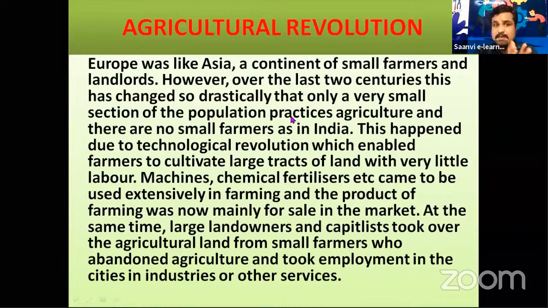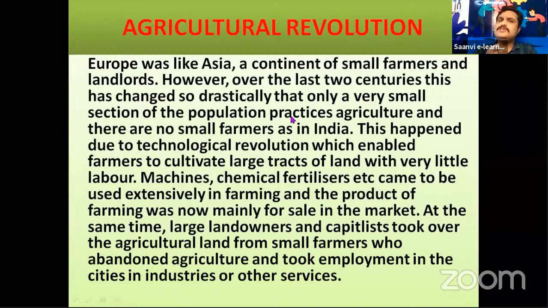The same way, Europe was like Asia, a continent of small farmers and landlords. Okay, comparison here, there is no difference, because there we can see some farmers and some landlords, a person who has his own land, a little richer. So those persons we generally call landlords.